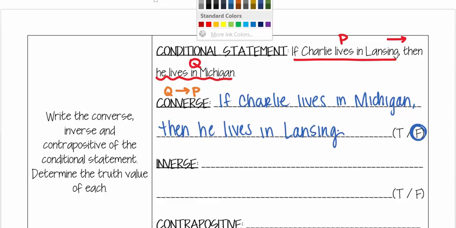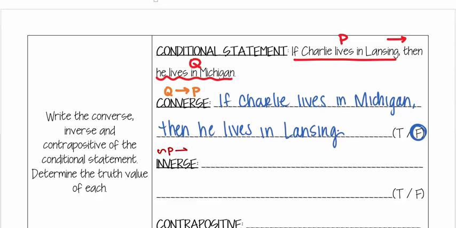The next one we're going to do is the inverse. Remember, this negates the hypothesis and negates the conclusion. All we're going to do is throw the word "not" in here, or something to that extent that makes grammatical sense.